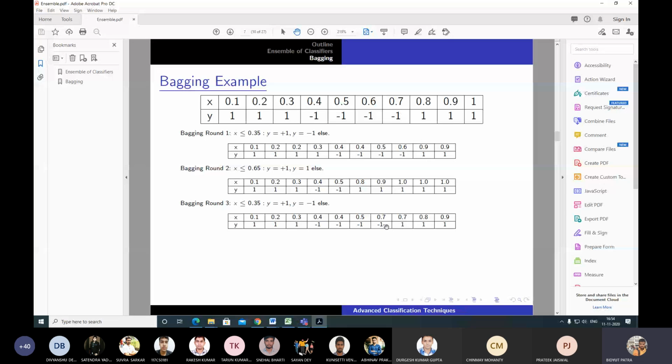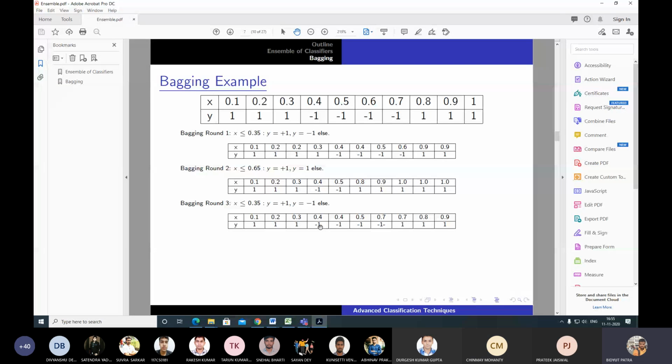I wrote it in LaTeX, so this minus somehow came here. So you are saying if you take 5, this is positive and here all are negative, but in that case these 3 will be wrong, no? Yes. This is wrongly mentioned; it should be -1 here because the original is -1. So you have to find a decision stump which will give you the minimum error.